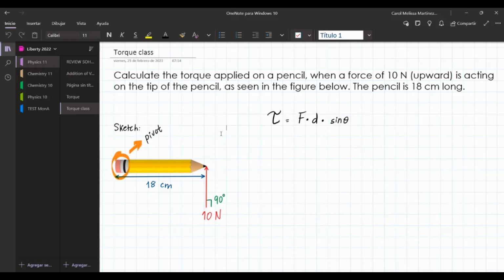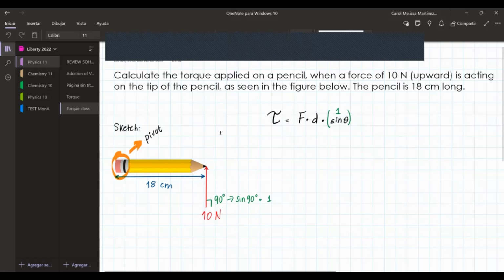And what is the sine of 90 degrees? One. So what happens when you multiply times 1? It's going to give you the exact same.